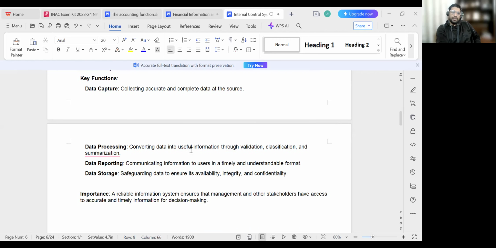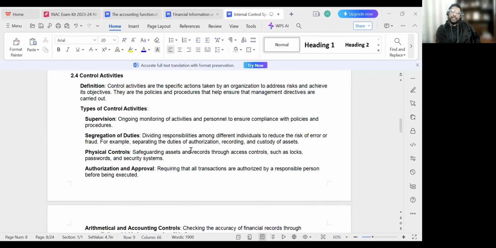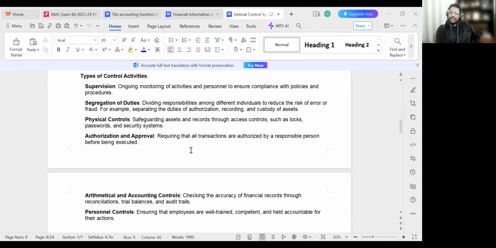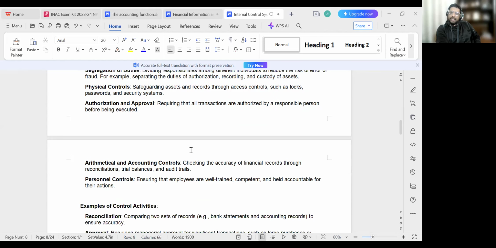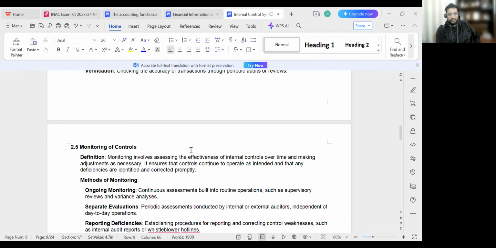Okay. Then we have control activities. We have already talked about it. Supervision, segregation of duties, physical controls, authorization and approval, arithmetical and accounting controls, personnel controls, right? So we have talked about the control activities already.